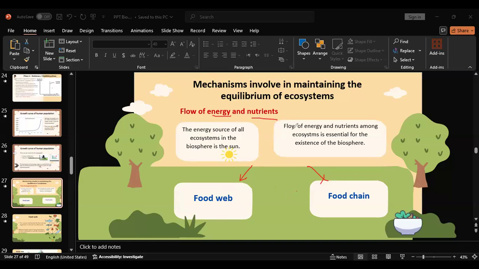So the flow of energy and nutrition is essential for the existence of the biosphere. Let's see how the energy and the nutrition are going through, especially through the food web and the food chain. Let's see what a food web is and what a food chain is.